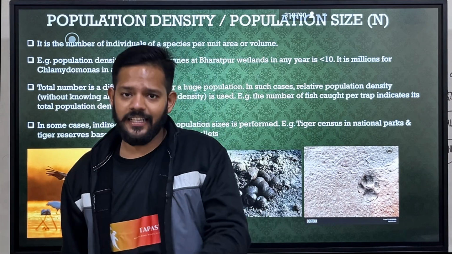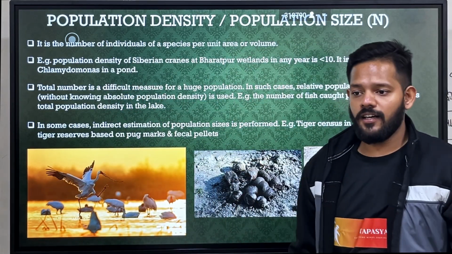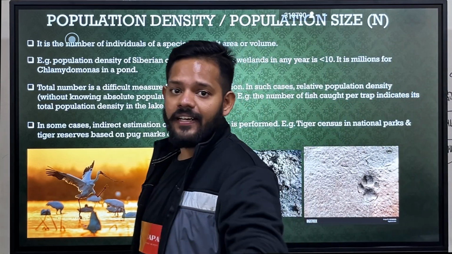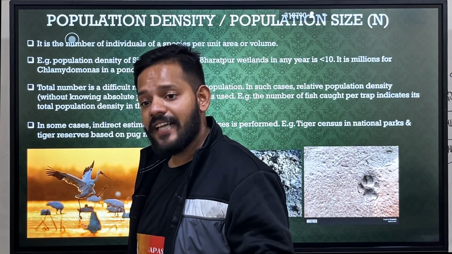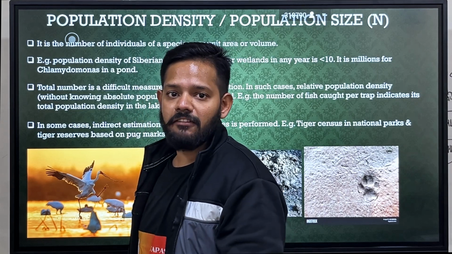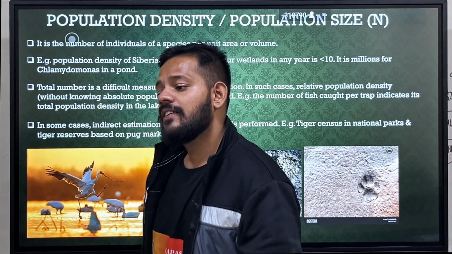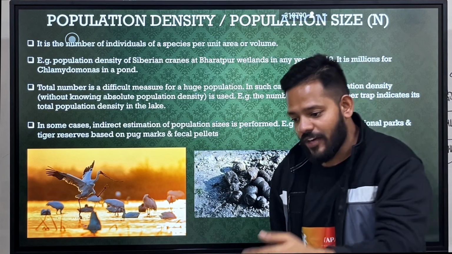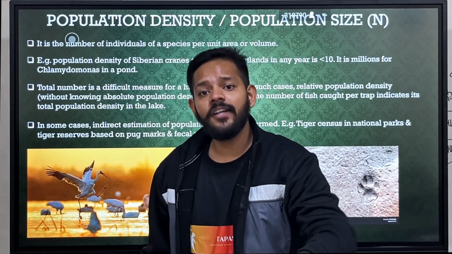Okay, in this, for example, as written here, you are going fishing, and the number of fish you catch in a net, okay, in a web. So the population density of that pond equals the number of fish you get. If you get 10 fishes, then the population density of that pond is 10. If you get 20 fishes, then it is 20.